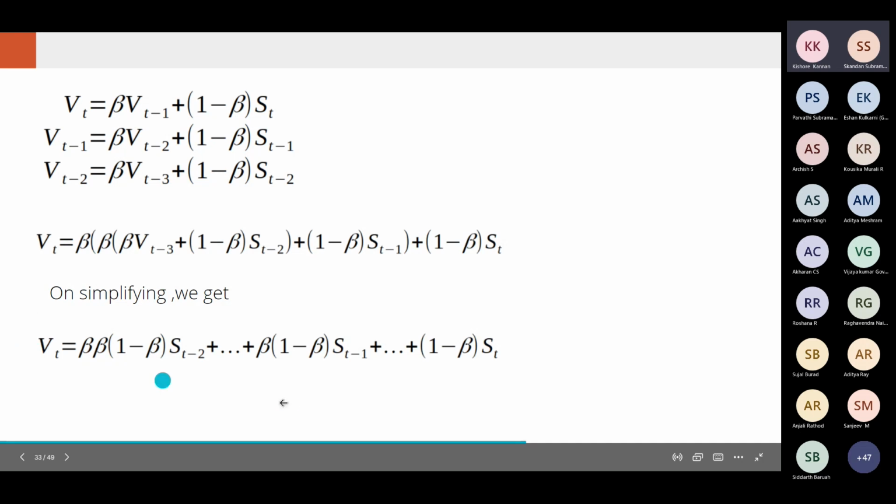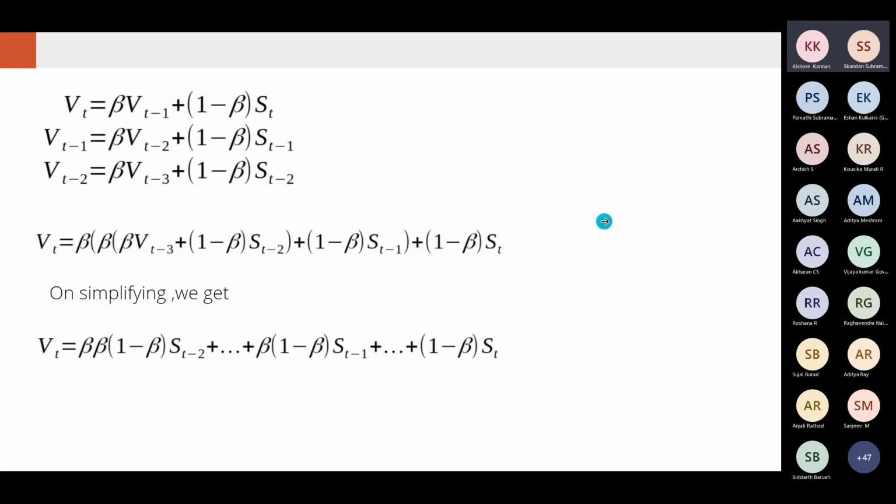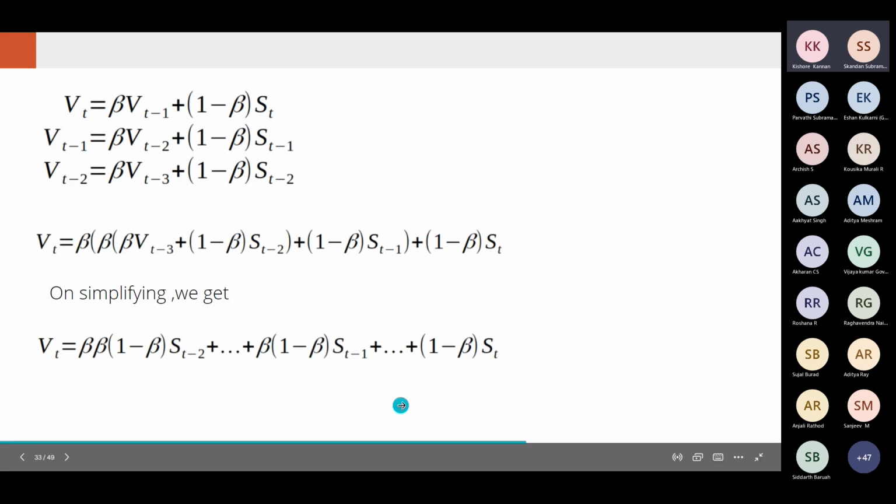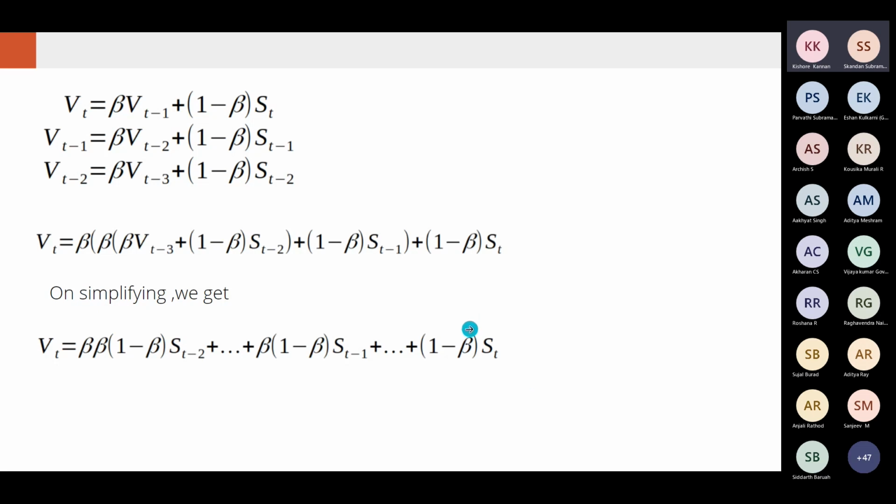And this is what we are interested in right now. This is the main formula, but this is the one that we can understand very clearly, and it's more intuitive. So if you look at this, this is the teeth average, and here ST is the current value, and that has the weight of 1 minus beta.